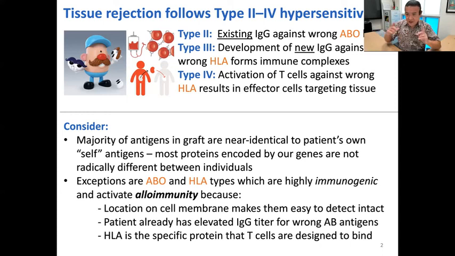So these parents, they have 4 kids here, right? So that, of course, each child would have one from mom and one from dad, right? So in this case, blue and pink, in this case, green and yellow, right? Let's say this sibling here is the one that gets sick, right, and develops some sort of hematopoietic cancer, right?